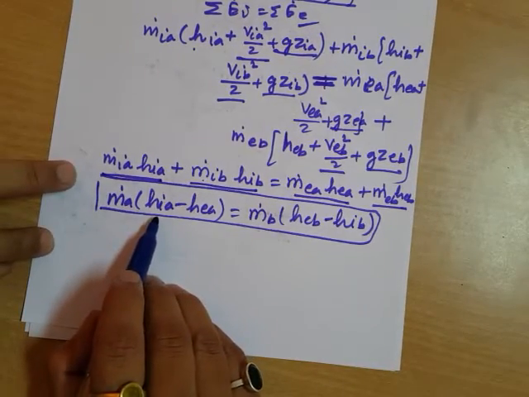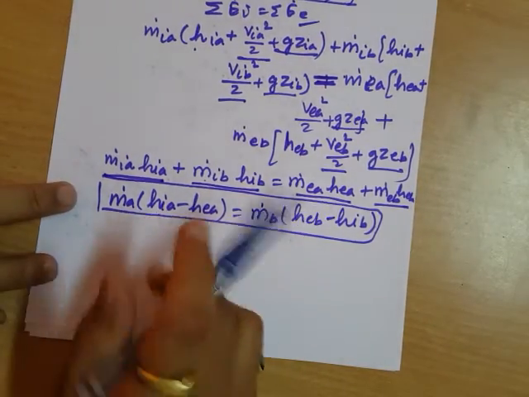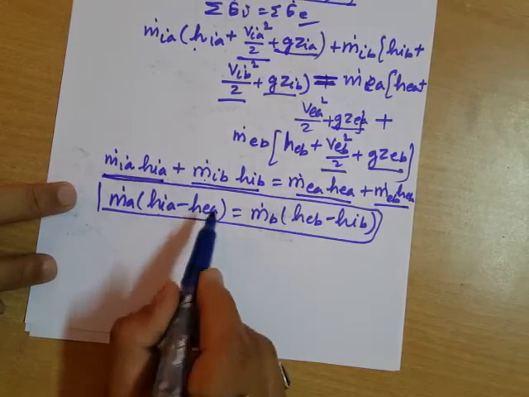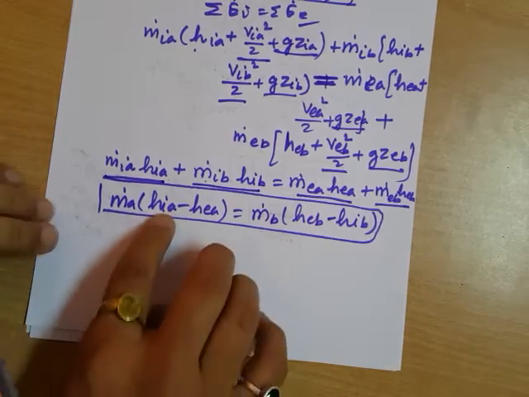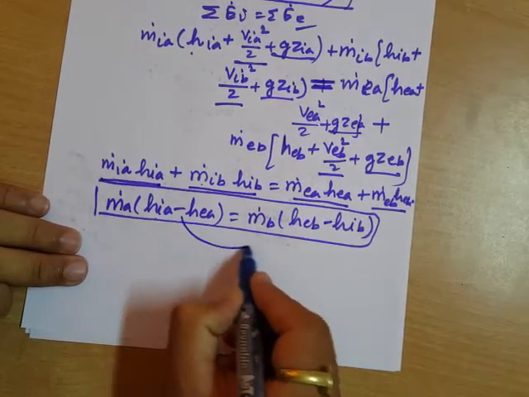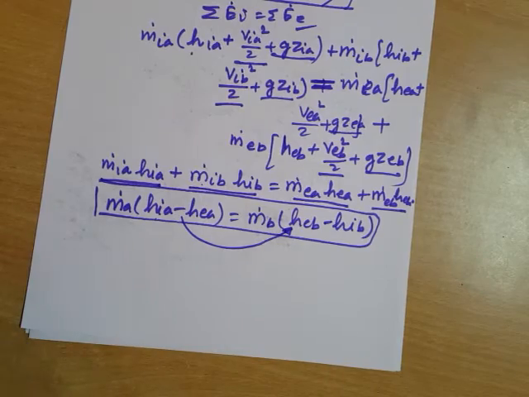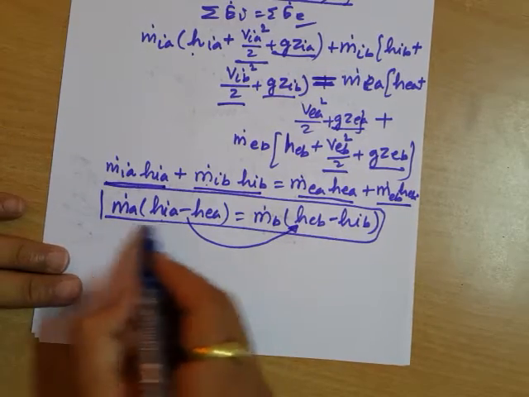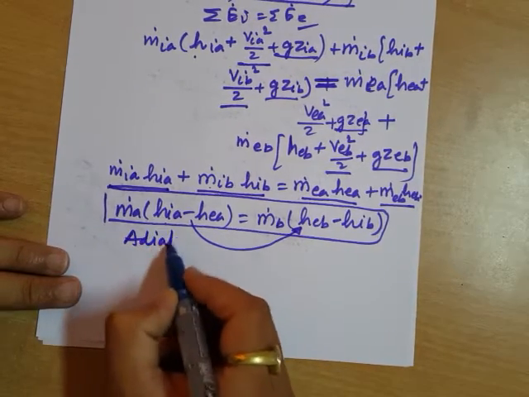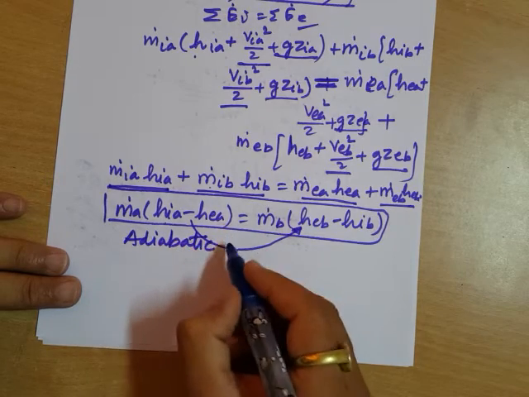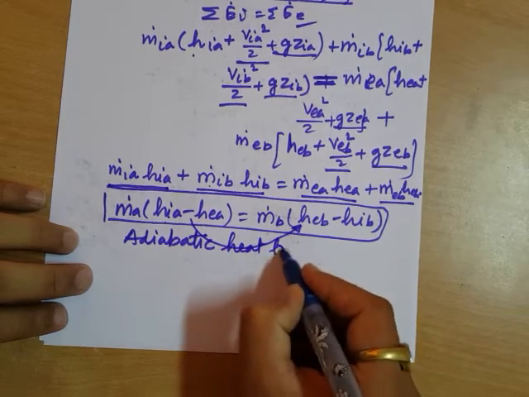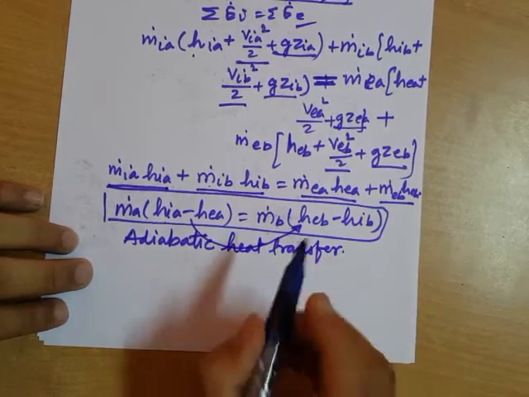It says if fluid A releases its energy in the form of heat, then fluid B gains the same energy in the form of heat. That means the energy interaction. This is sometimes also called adiabatic heat transfer.